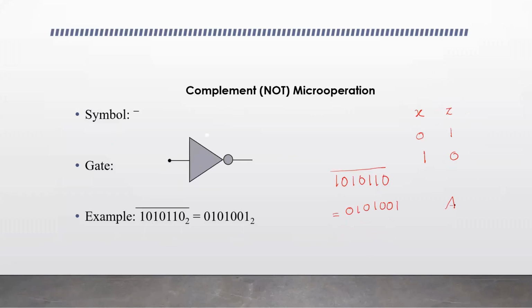If it is A and B, this is performed by the AND micro operation, and when you need to complement, this gate is used to complement the result of the AND. So all the other operations can be implemented using these basic operations.